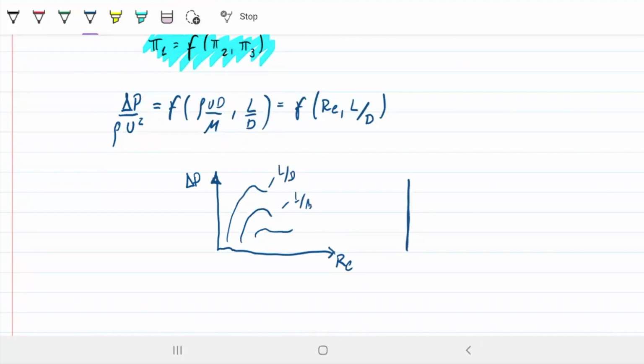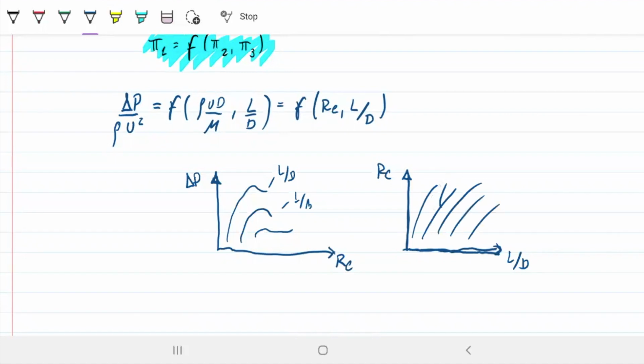Or we can actually have a different one, which is Reynolds, for instance, plotted against L over D's and see what's the behavior that Reynolds would have for different L over D's for this particular situation. And then we can have a graph or a table that we can read off values for our pressure drop according to this, which is exactly what is done in mechanical fluids a lot of times.